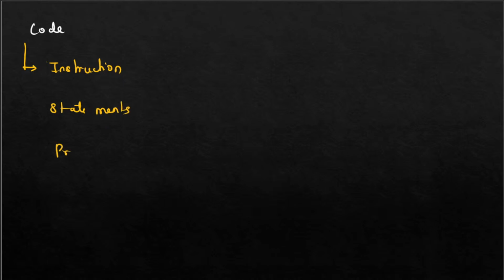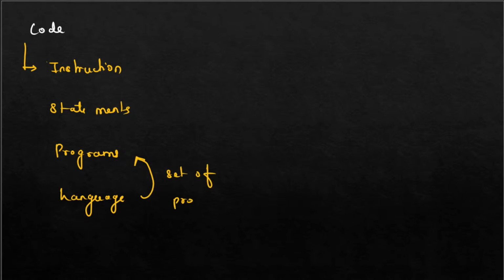After that, programs are there, and then language is there. So how it will go? From language to program, set of programs. After that, programs to here. This is group of instructions.